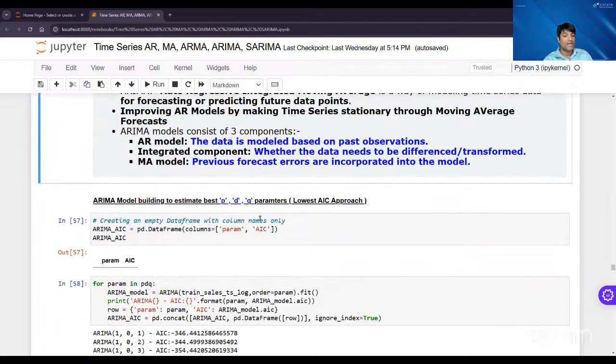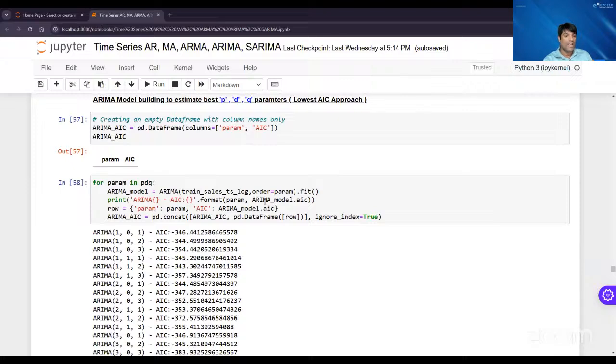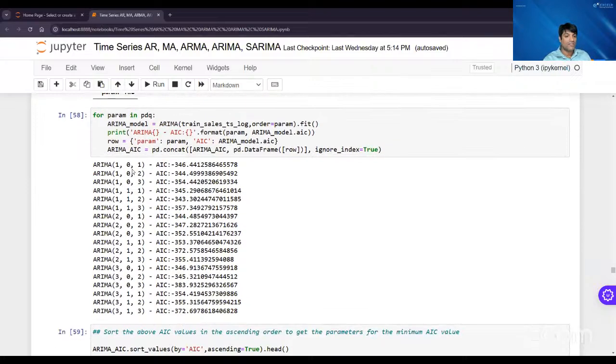Now I'm building the ARIMA model, and here you can see that your D values are 0 or 1 or 2, or I think maybe 0 and 1 maximum. So here we have started with differencing because the ARIMA model itself is dependent upon P, D, and Q. For the ARMA model, we don't take the D value, which is 0, because we don't apply the differencing techniques.